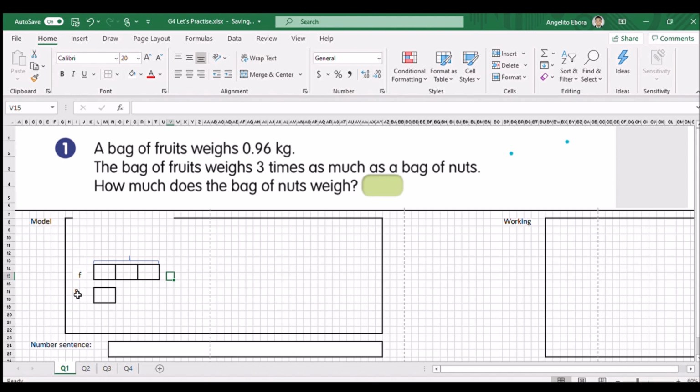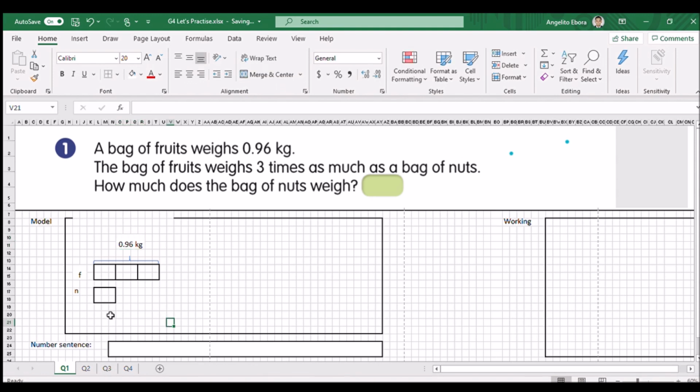Okay, so still we have the bag of fruits and the bag of nuts. It says that the bag of fruits is 3 times as much as the bag of nuts. So the mass of the bag of fruits is 0.96, so we'll write here 0.96 kilograms.